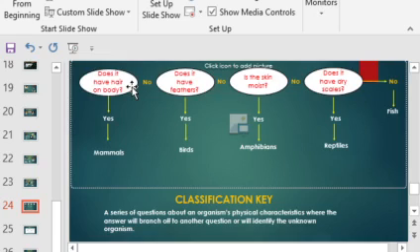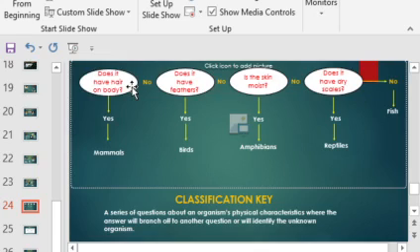Because we know that amphibians have moist skin, we will know that would be the answer. But if it's a no, their skin is not moist, you also ask, does it have dry scales? If so, then we can identify that that would be a reptile.